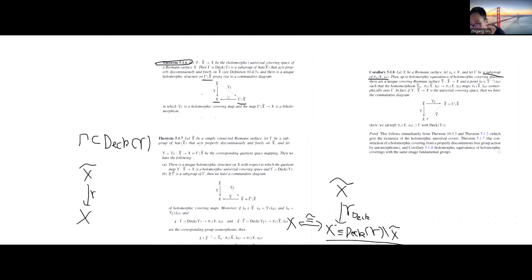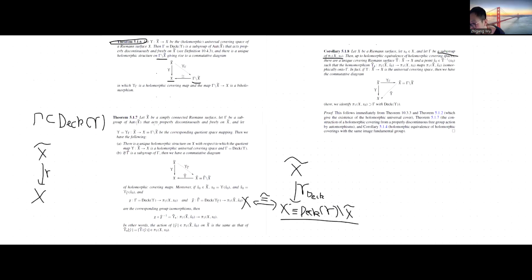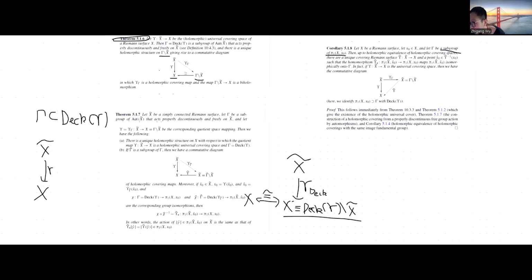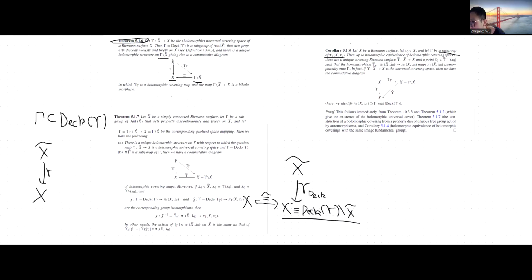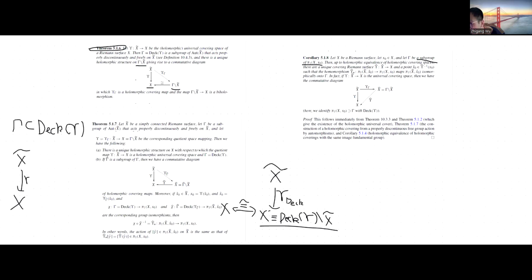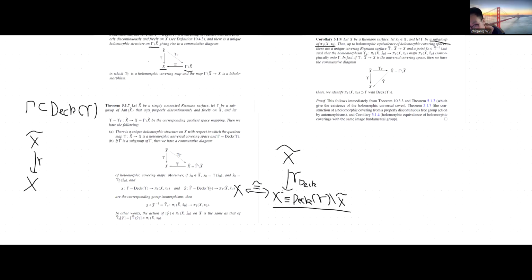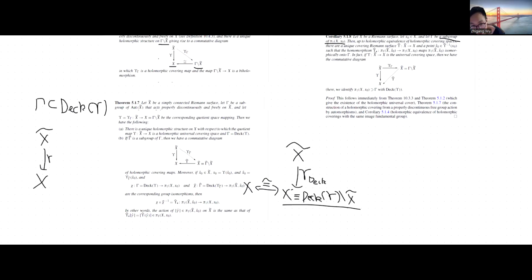So here we let the group gamma be a subgroup of the deck transformation group of this gamma.